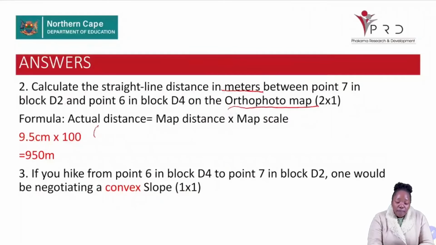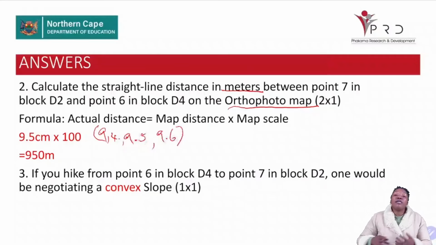So remember, our rulers are not the same. There is a 3-inch difference, which means some might get 9,4 and others might get 9,5 and others might get 9,6. So each and every time we allow for 3 different inches because our rulers are not the same.